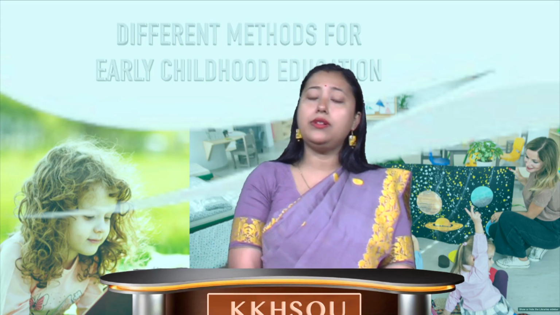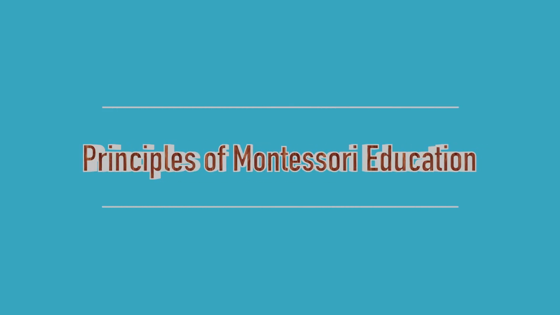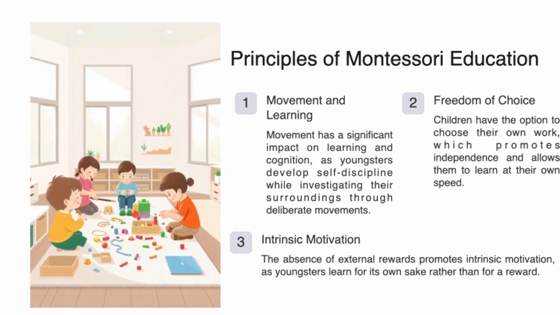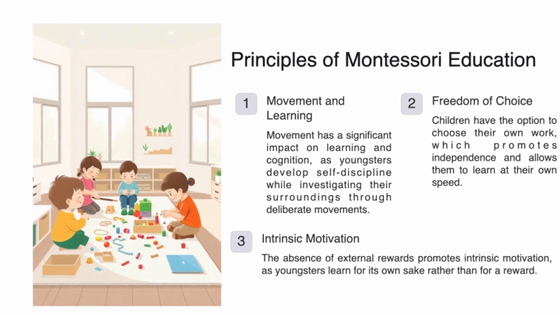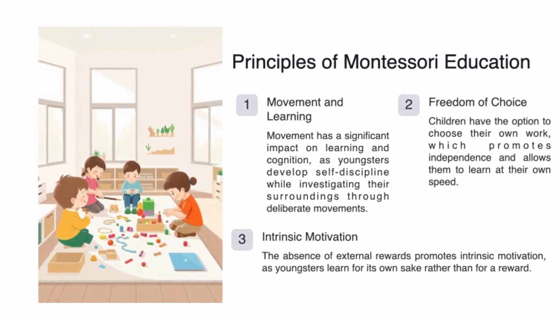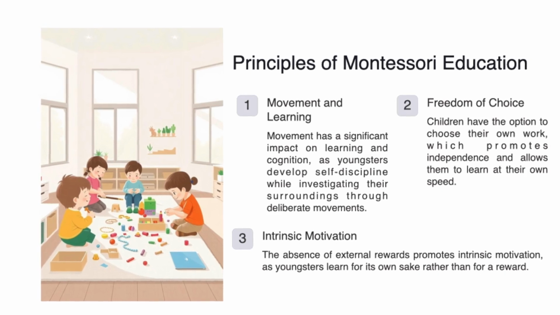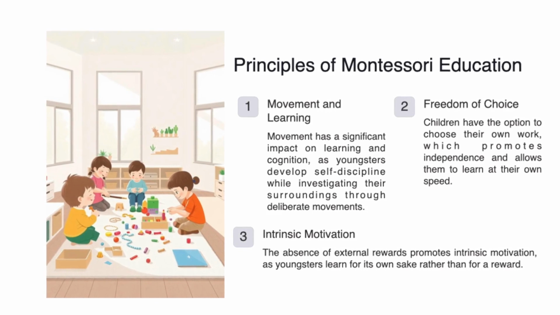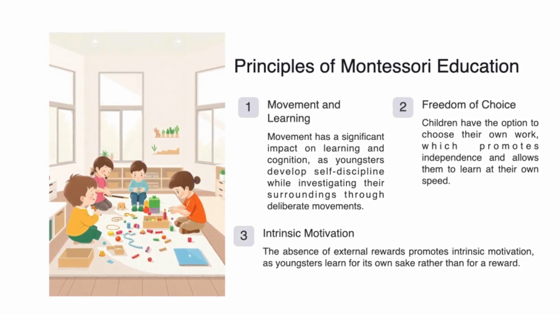What are the principles of Montessori education? The principles that are adopted in the Montessori method of education. So first is movement and learning. Movement has a significant impact on learning and cognition, as youngsters develop self-discipline while investigating the surroundings through deliberate movements. The second is the freedom of choice.